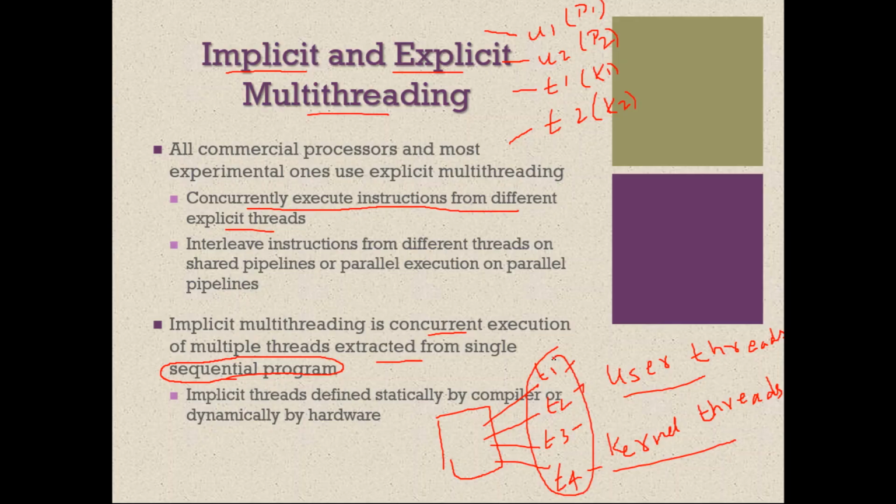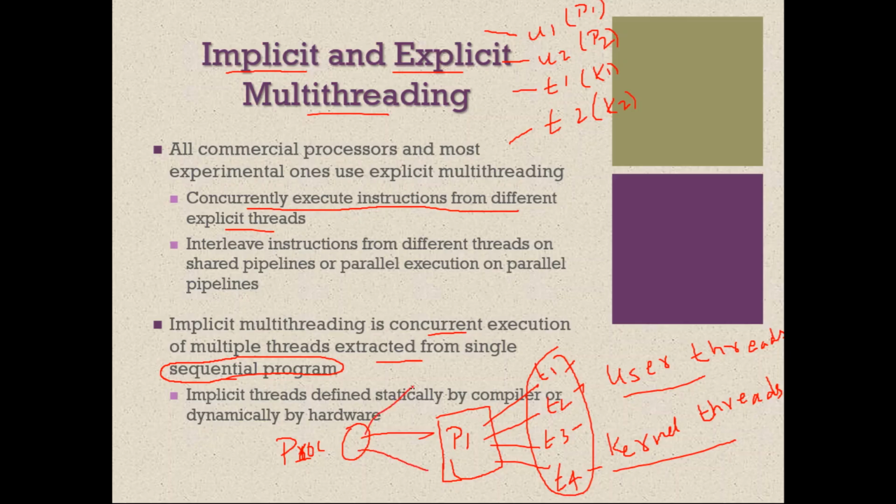Normally, in the operating system course, the type of multi-threading we discuss is implicit multi-threading, because there the operating system makes the processor consciously switch from one process to another process.